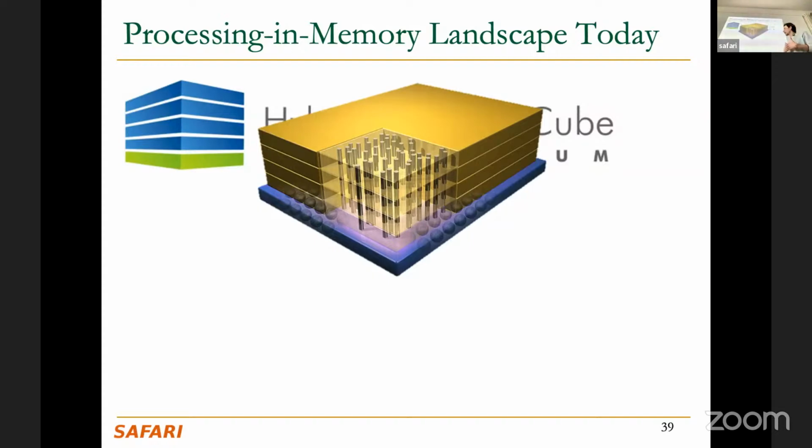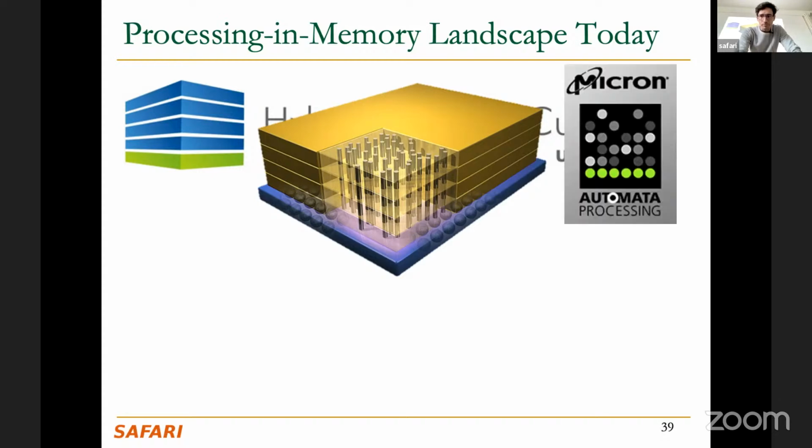One good thing is that because this layer at the bottom is CMOS, it allows us to also embed some sort of processing elements there, such as, for example, specialized function units, or maybe general-purpose cores, or many other potential compute elements.